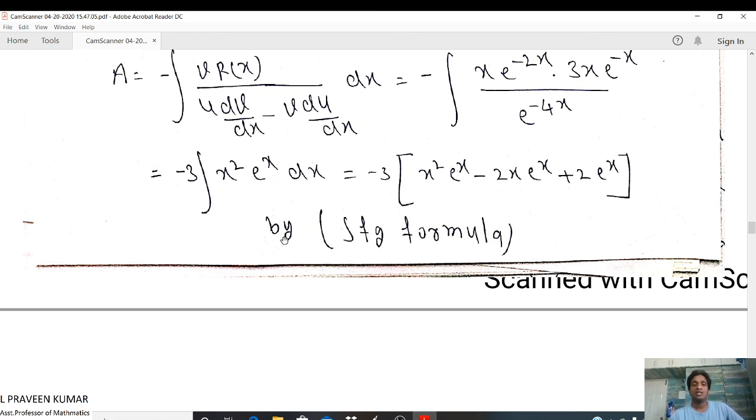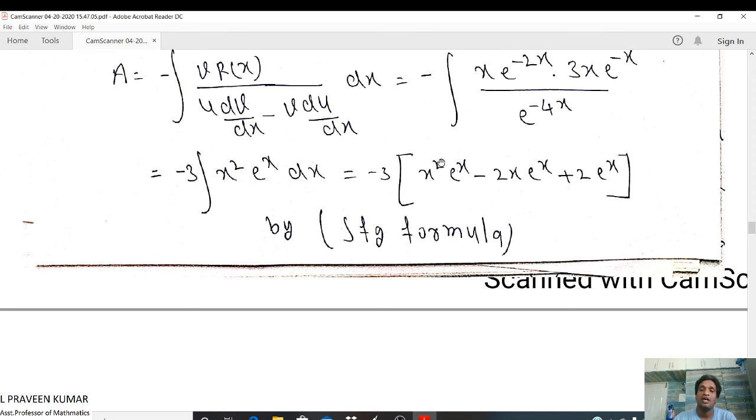Just now we wrote the integration formula, the f g formula. In the previous problem we have specified this one. But see here, which one do we have to assume as f? x square. Why? Because x square differentiation is 2x, 2x differentiation is 2, and 2 differentiation is 0.